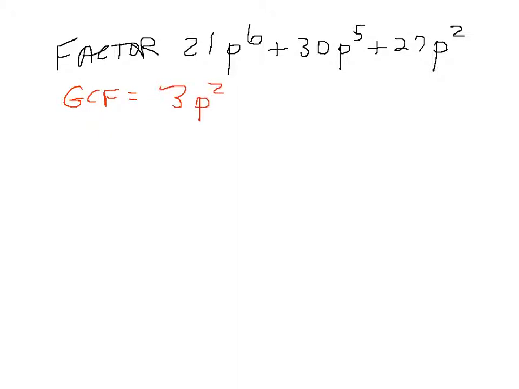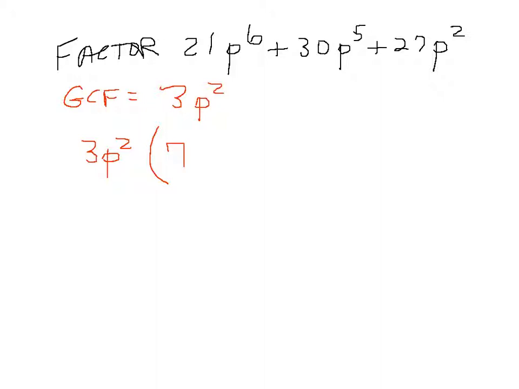So I'm going to factor that out, and this is where it gets interesting. I take a 3p squared out, and now this is exactly like multiplying in reverse. I want to get 21, p to the 6th. So I need a 7.